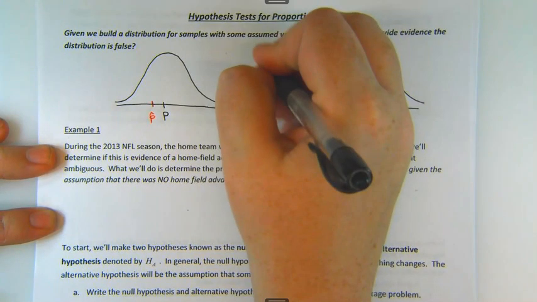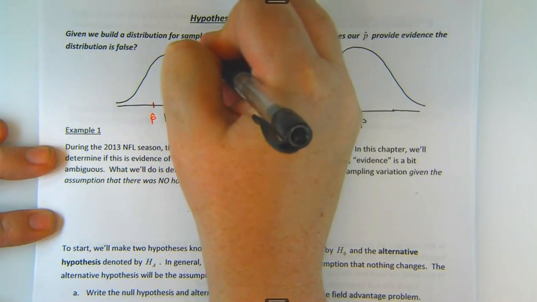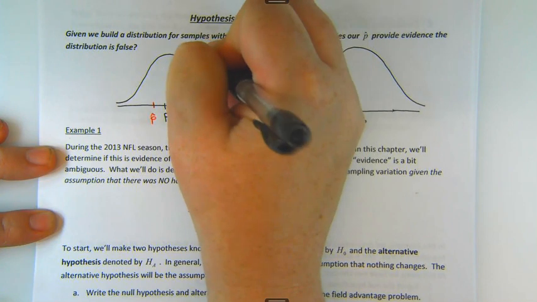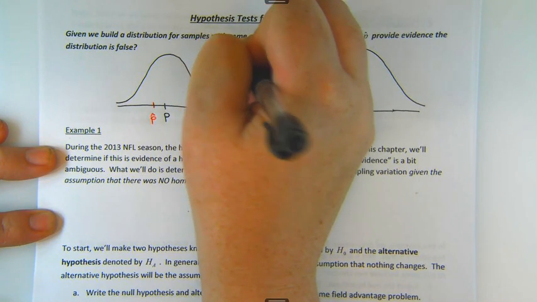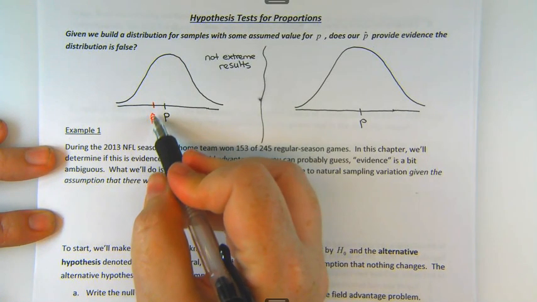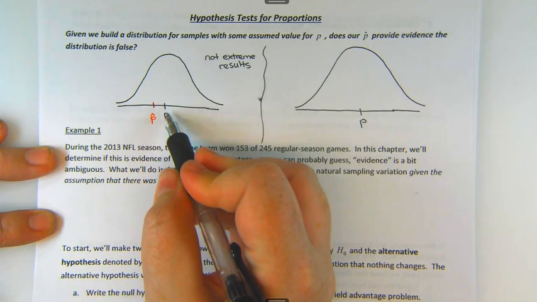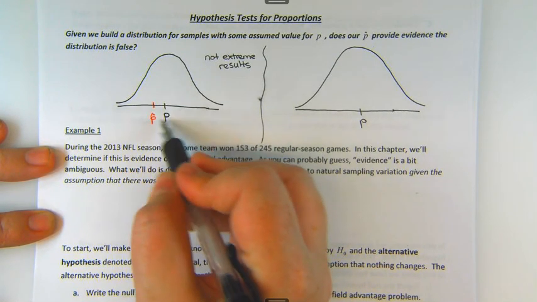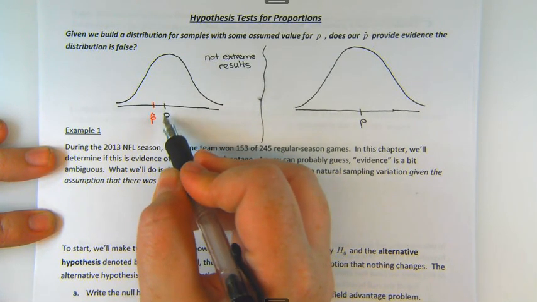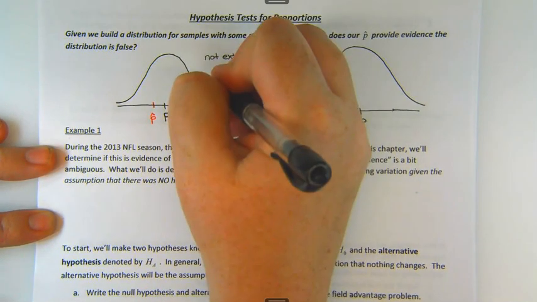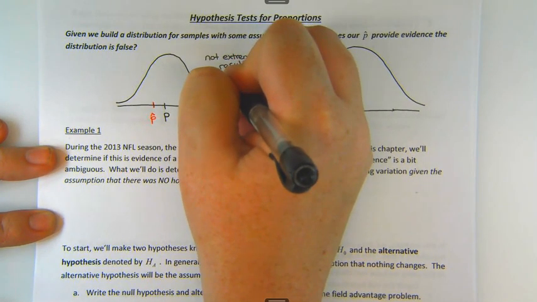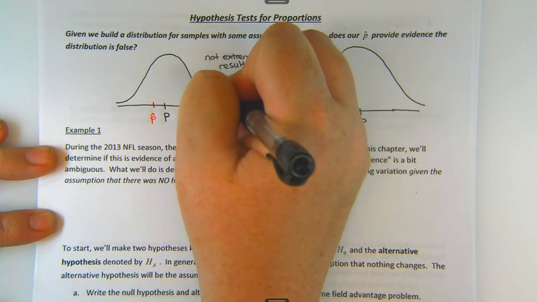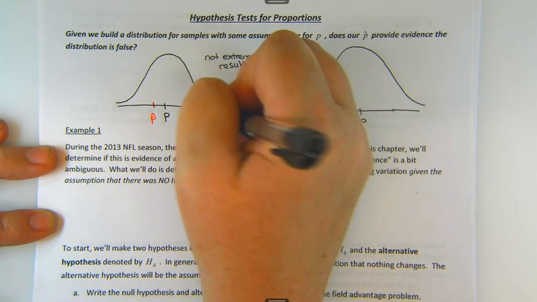So in this scenario, this wouldn't show extreme results, meaning this isn't giving any sort of evidence that this is incorrect. This kind of supporting it, or it matches up with the fact that our population proportion's at least nearby there. So this doesn't show evidence that our population proportion is false.